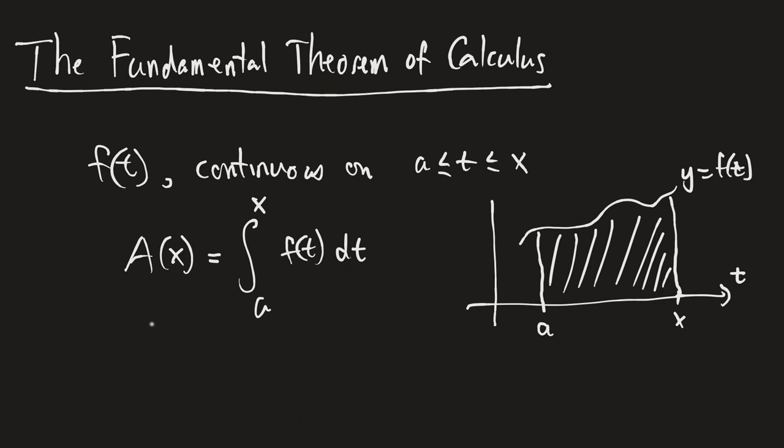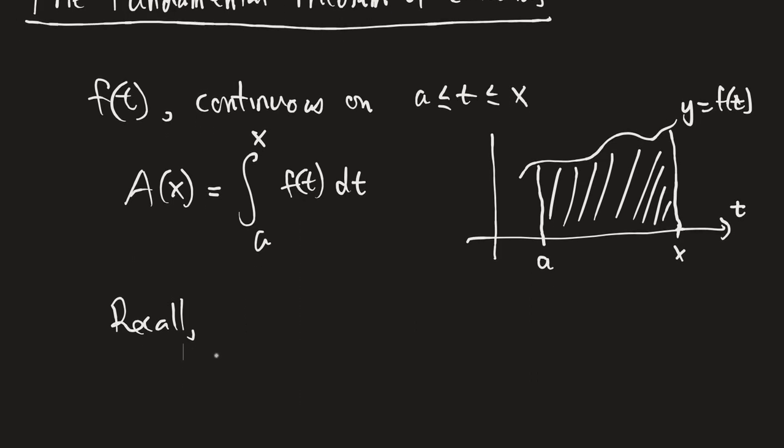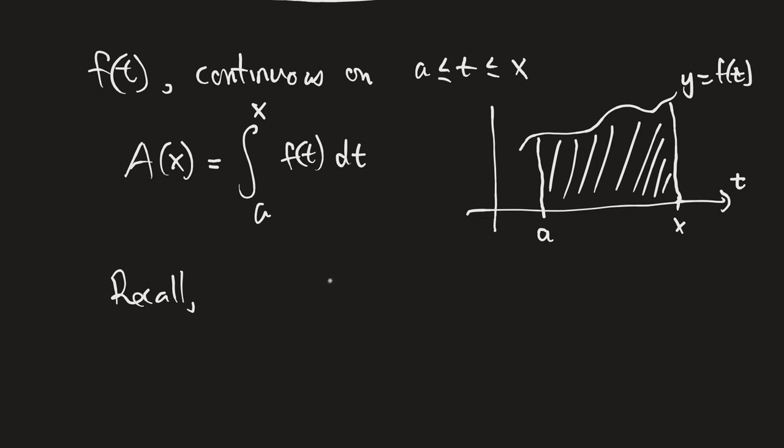So recall, before we got to fancy rules for derivatives, all we had was a limit definition. In fact, we had different variations of our limit definition, but this was the one we settled on.